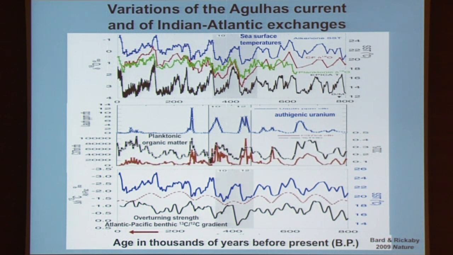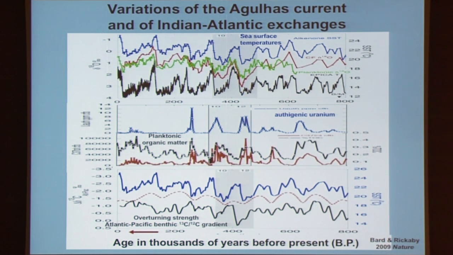So when I presented at the beginning the graph showing the oxygen content of the deep water, I said to you that there is a correlation also with C13 of dissolved carbon. And this is what we use to reconstruct the oxygen content and also the overturning strength in qualitative terms.